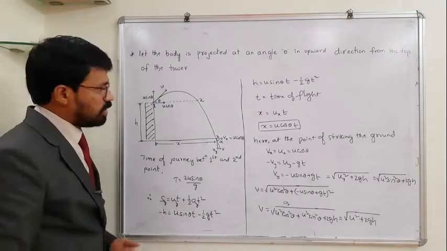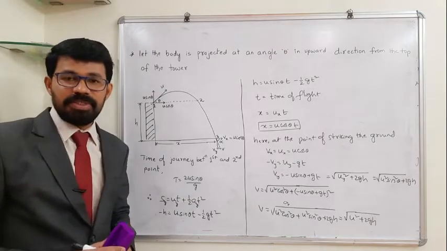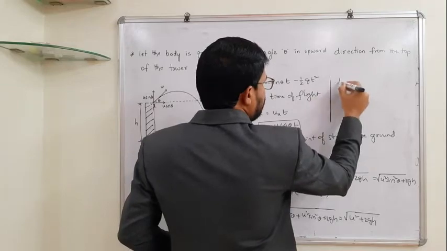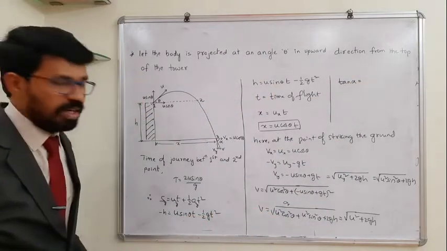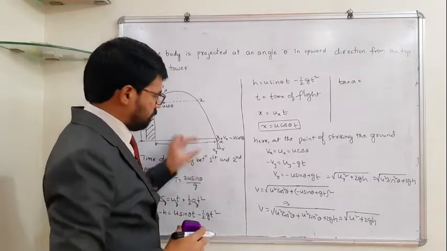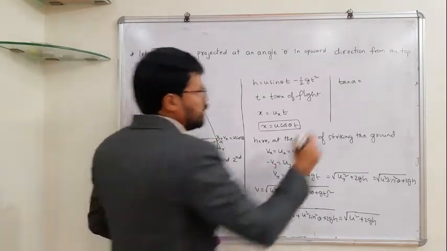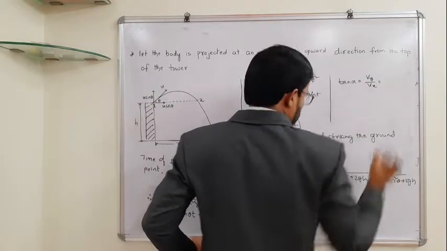And the last point that we can talk about is the alpha value, the angle at which it strikes the ground. You can take tan alpha. How can this tan alpha be written? Tan alpha can be written as Vy by Vx. Vy, you can imagine here, is the opposite side, and the adjacent side is Vx. So Vy by Vx. Okay, what is Vy?